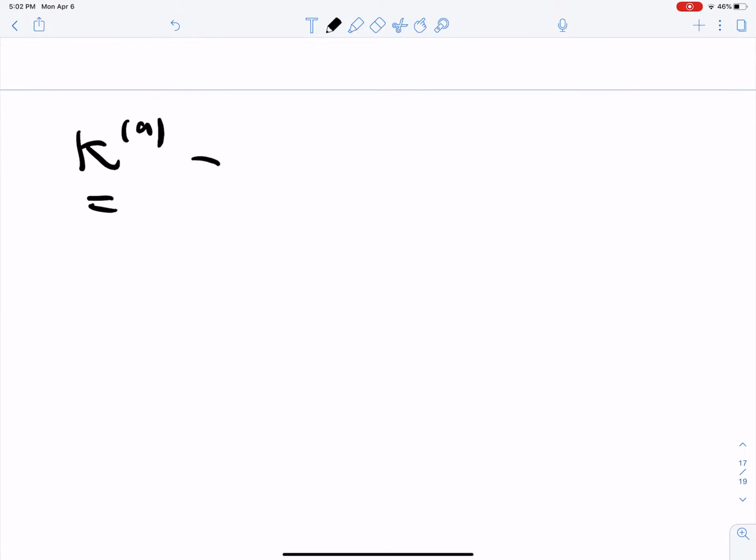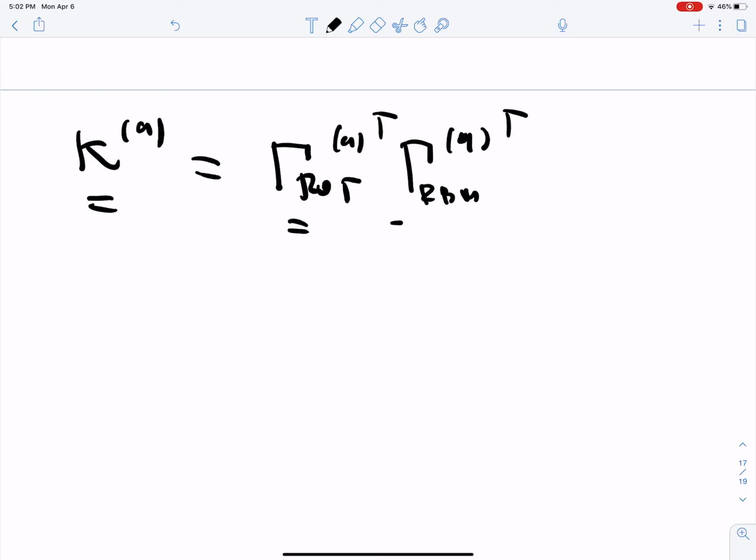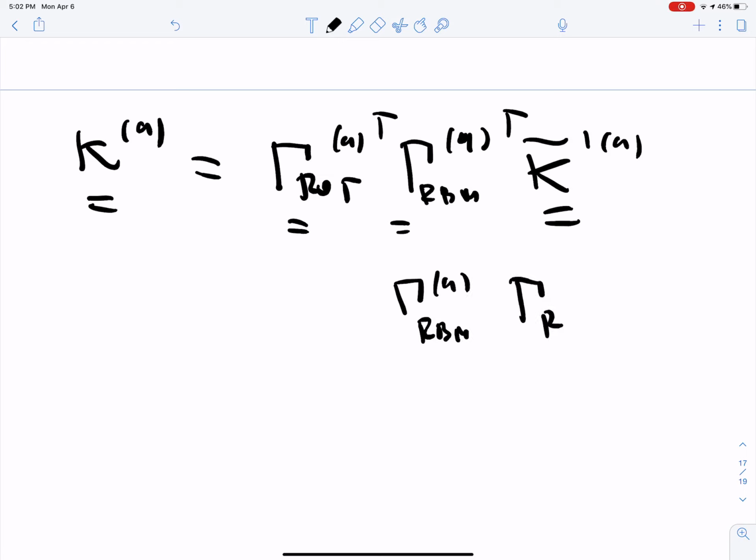Kappa sub A, the element stiffness matrix, is gamma ROT A transpose, gamma RBM A transpose, times the basic stiffness matrix, and then we continue the multiplication with gamma RBM A and gamma ROT A. So this is the product that you need to carry out.